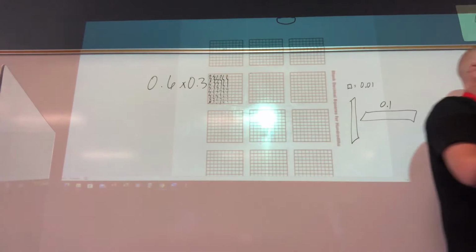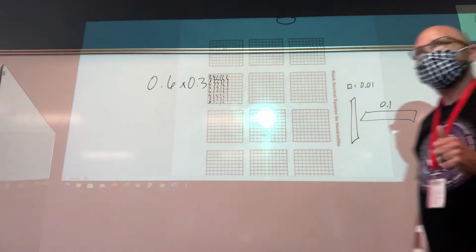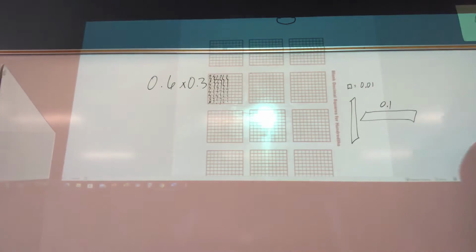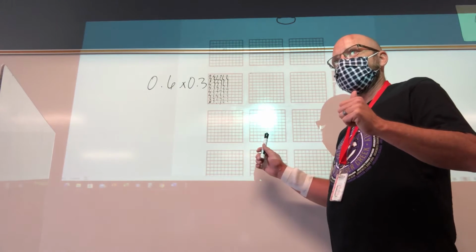How many little boxes do I have shaded in? 6. No? Little boxes. 60. I have 60 shaded in. So that's 6/10. 6/10 equals 60 hundredths.